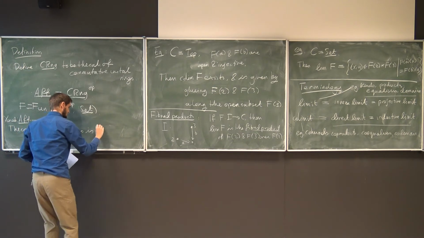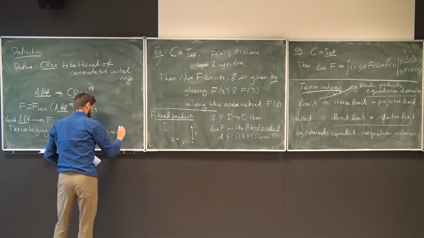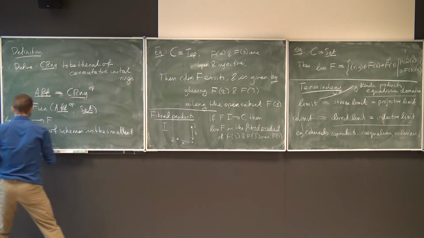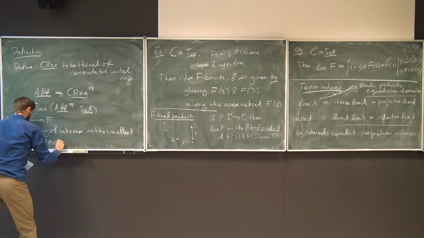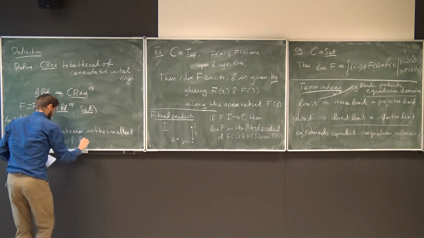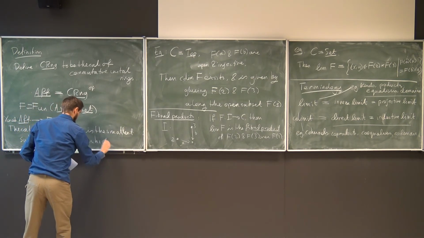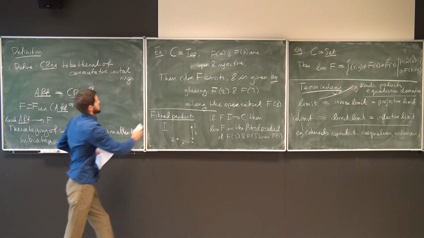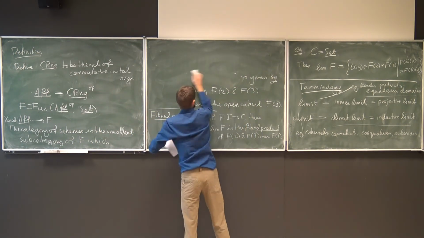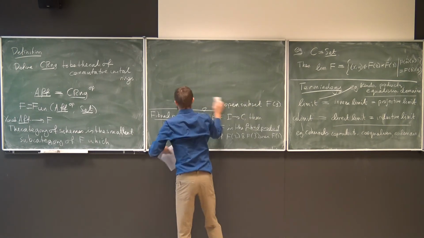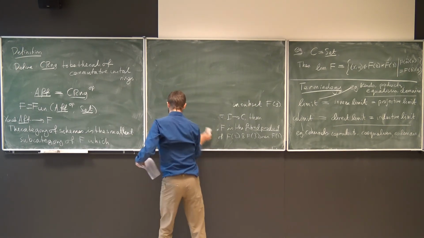is the smallest subcategory of F which, and now I have to put on a few conditions. The first condition is just that it contains the affine schemes, so that's not such a crazy one.